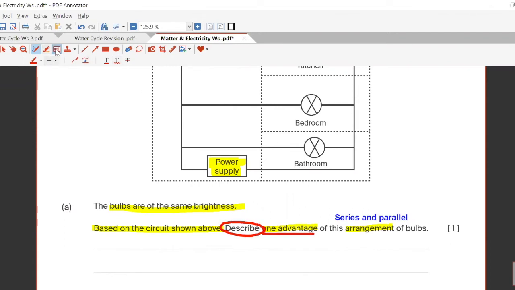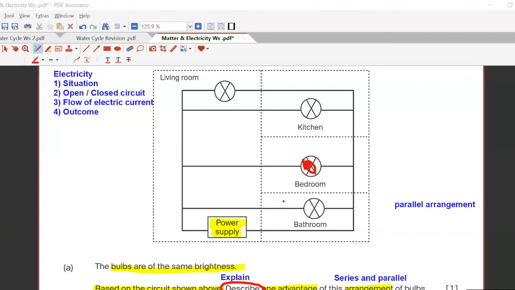And they ask you to describe. Describe means what? Sadly to say for electricity, describe means explain. Then you say, teacher, I know already. If one bulb fuses, this is the advantage. If one bulb fuses, my bedroom doesn't work, but I will still have a closed circuit with the other things. Can I have all of you draw, using a pencil or different colors, highlighters, up to you.